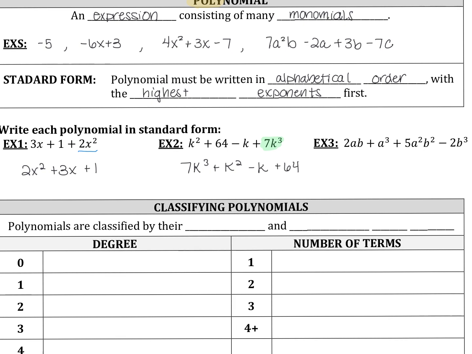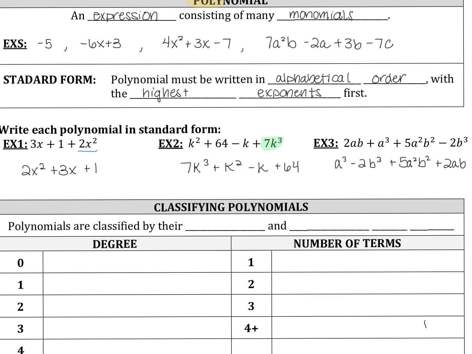So on this particular problem, I might say a cubed. That's undeniable. That's the highest exponent and in alphabetical order. Then I would probably do negative 2b cubed. And then I'm going to do positive 5a squared b squared. And then finally 2ab, which doesn't have any other exponents.